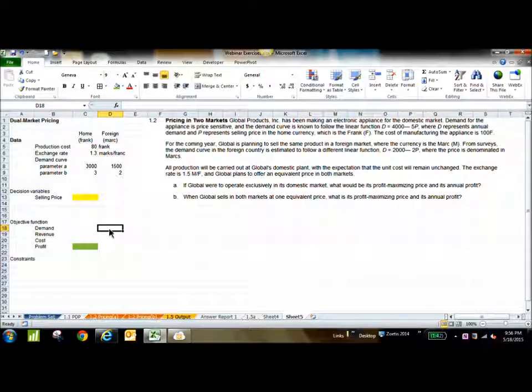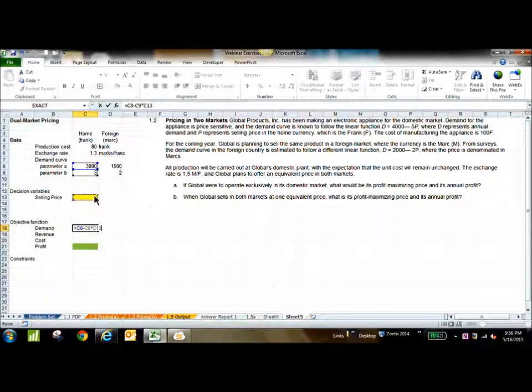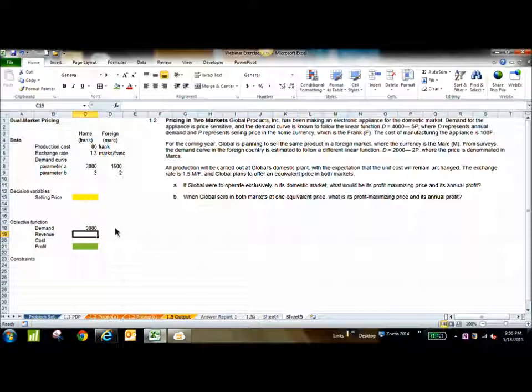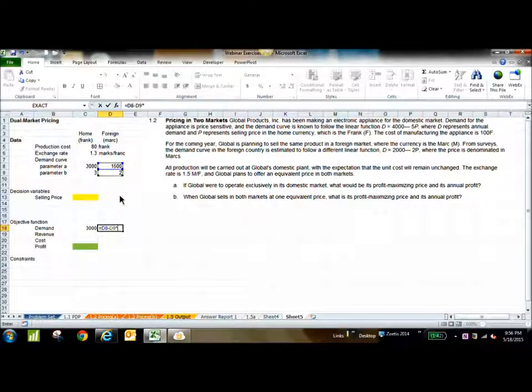It will be 3,000 minus 3 times this. This one would equal 1,500 minus 2 times this. I hope I have a formula here, equal this times 1.5. Okay. If I change this one to 1, this one changes. Yep.